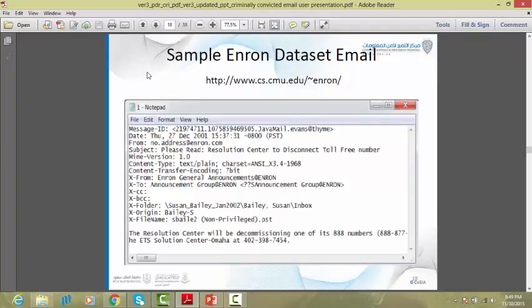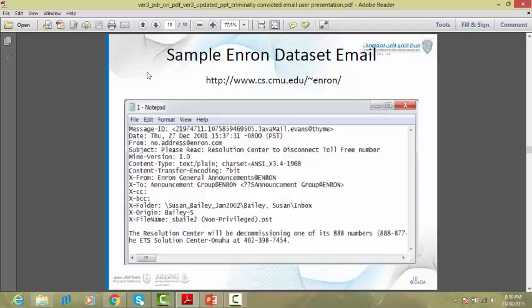So let us start with our proposed system. This is the dataset which we have taken. It is available online on this particular website, www.cs.cmu.edu Enron. It is the database of the Enron company which went bankrupt, and basically 6 fraudulent persons were found out of it.